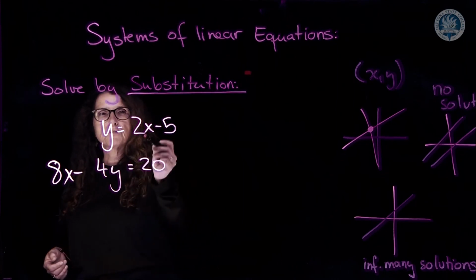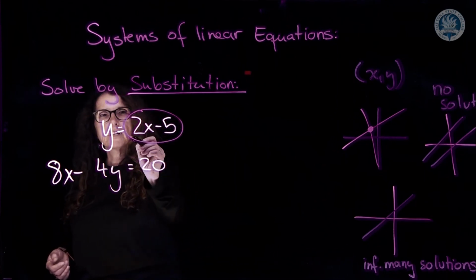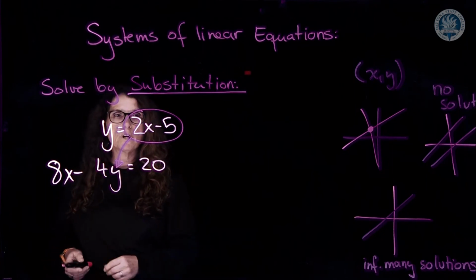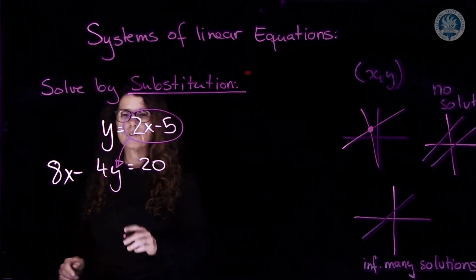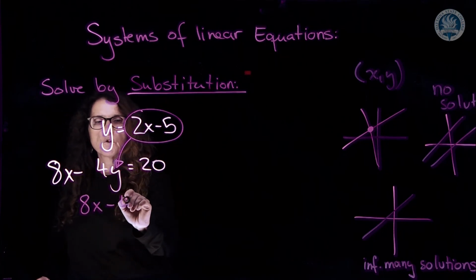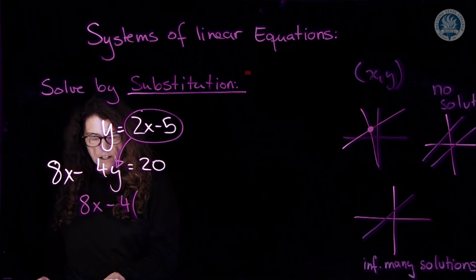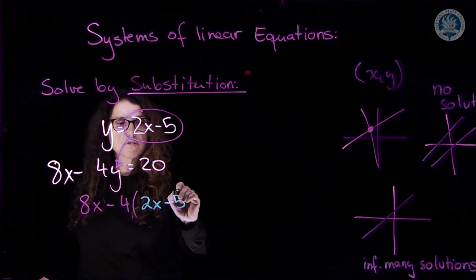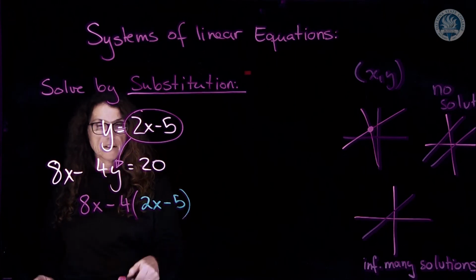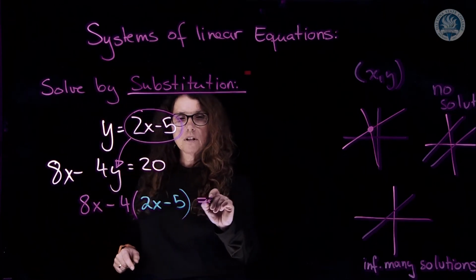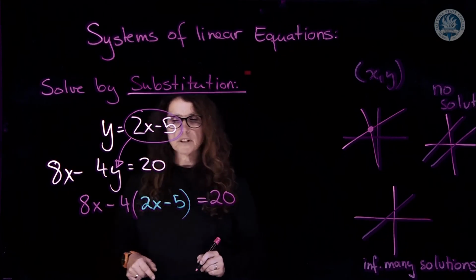We're replacing the y in the second equation with 2x minus 5. So let's do this. 8x minus 4 times y. y is, in this case, 2x minus 5. We're substituting the y, and then we continue on with the second equation, and this is equal to 20.